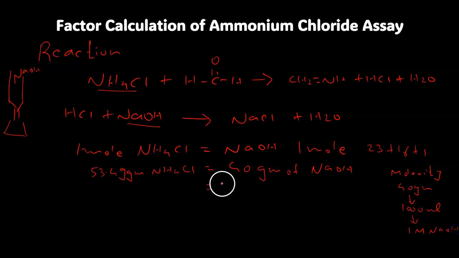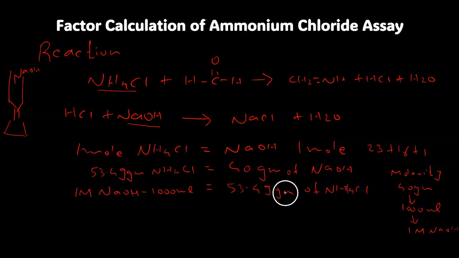So I write it the opposite way: 1000 ml of 1 molar NaOH means 40 grams. 40 grams of NaOH in 1000 ml makes a 1 molar solution, and it will neutralize 53.49 grams of ammonium chloride.